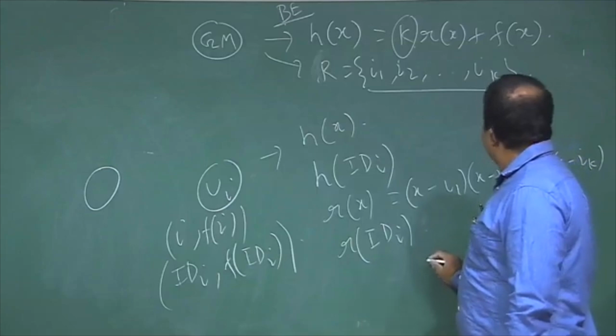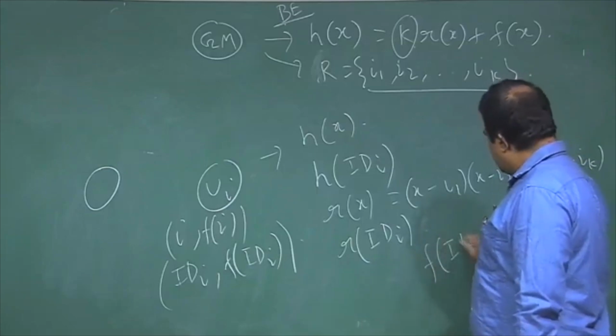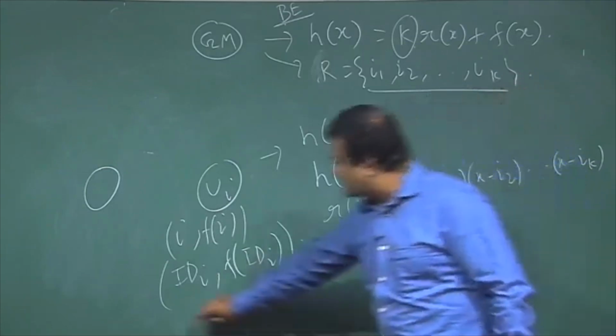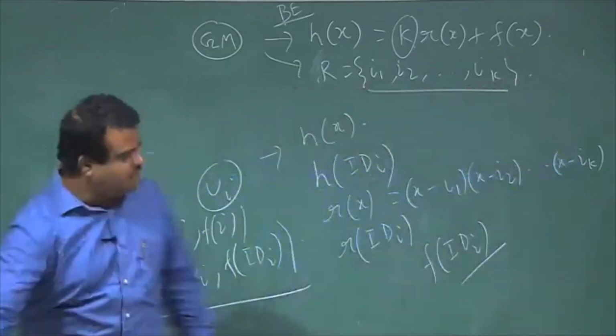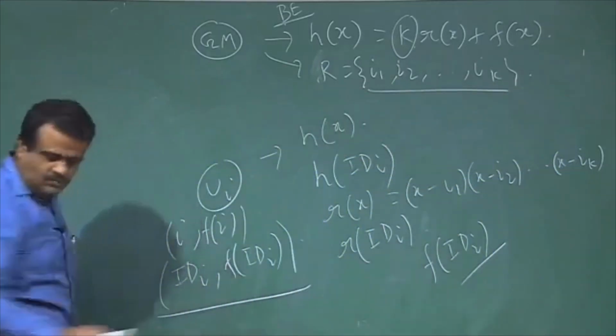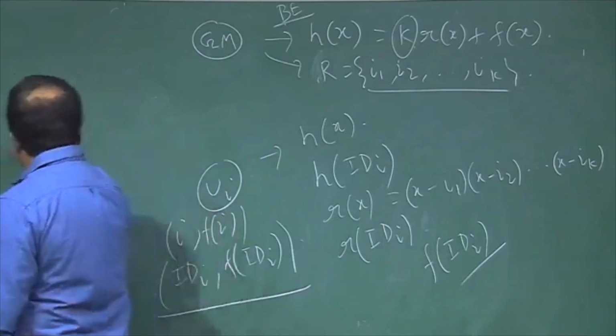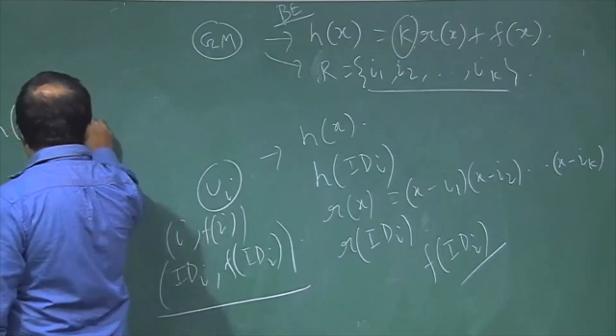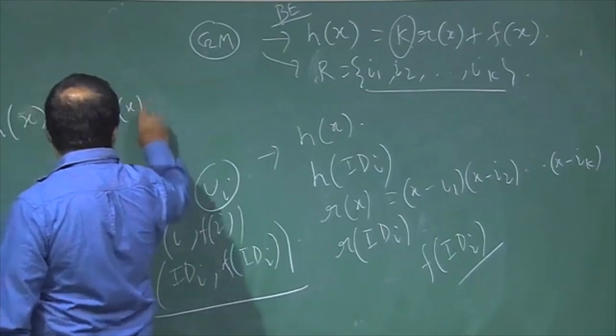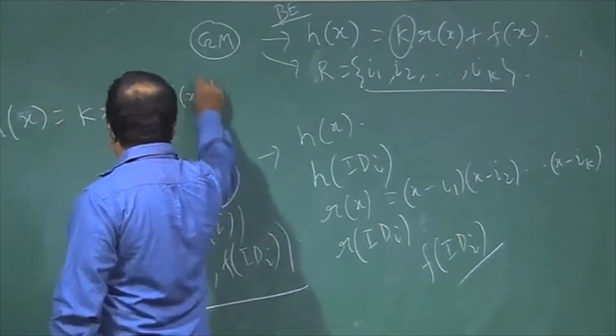Once it has this, and it has f of ID_i, because this is the secret which it already has, it can simply compute. We know h of x is basically k r of x plus f of x.